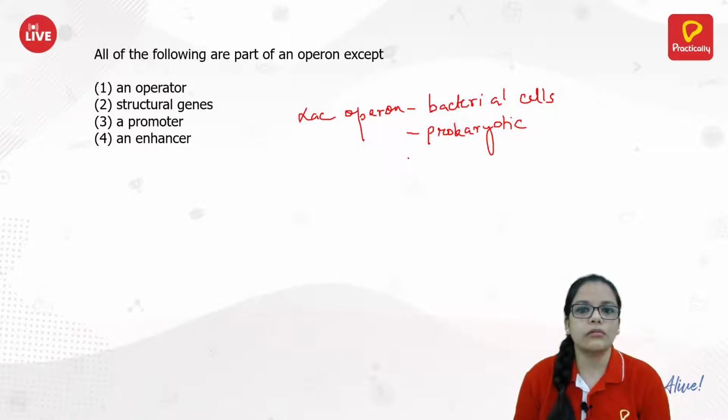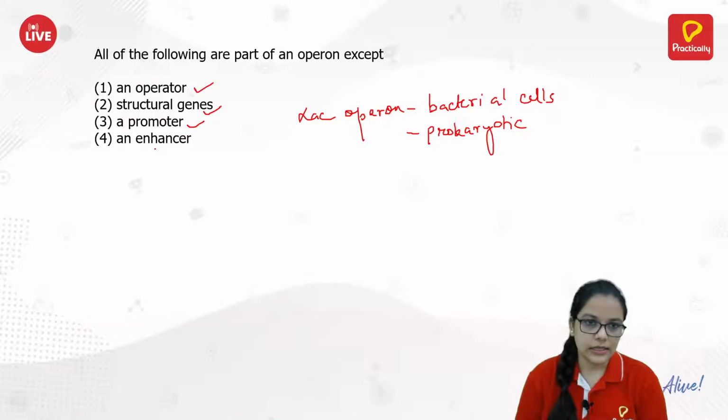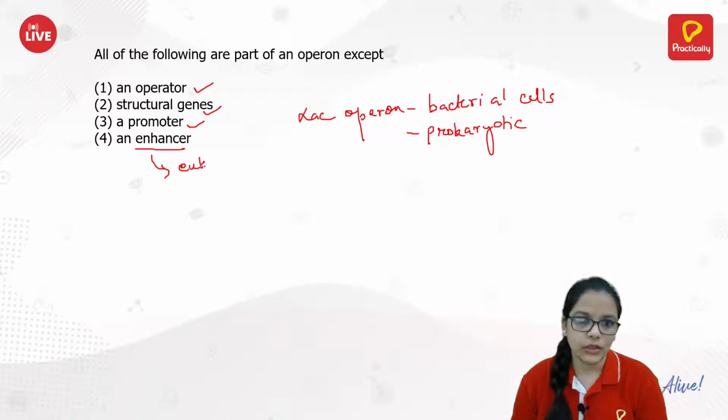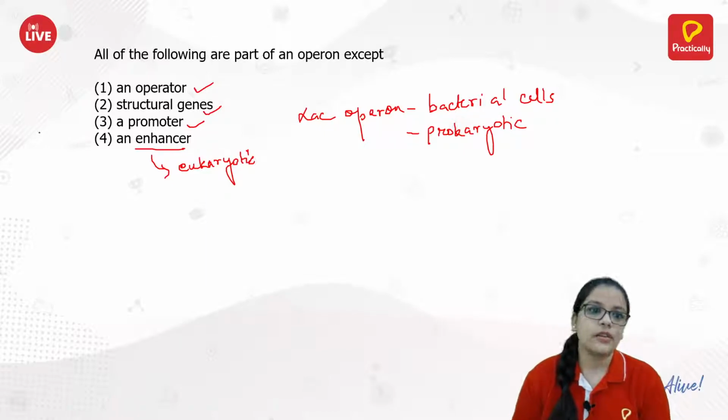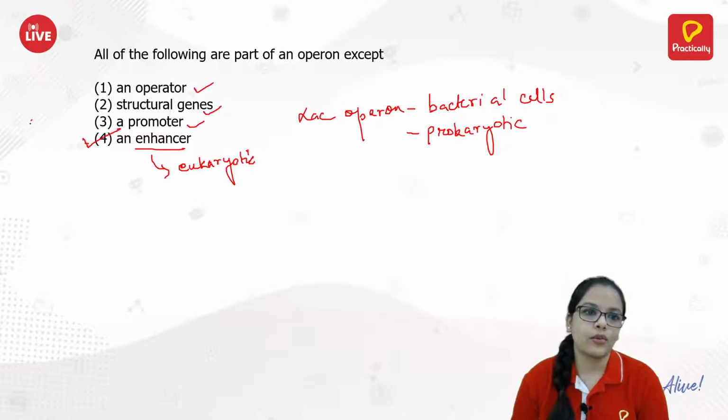Now in prokaryotes, you can see an operator, you can see structural genes, you can see a promoter also. But what you can't see is an enhancer. Enhancer is mostly eukaryotic. So the answer is 4.